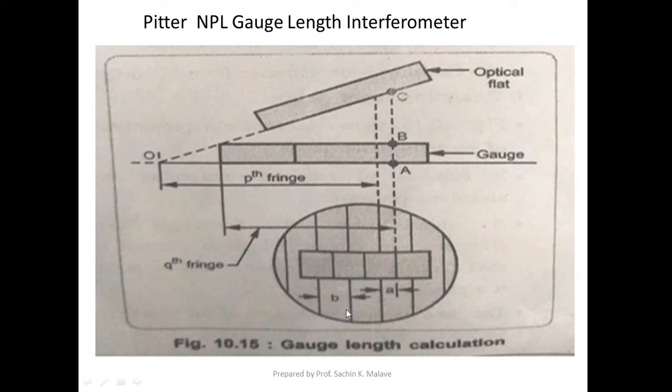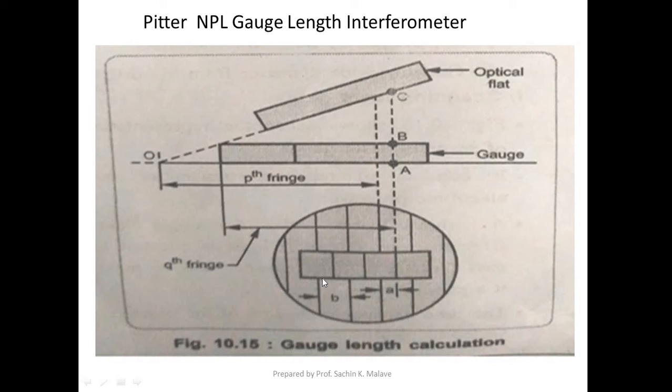In this set, one set of fringes is shown in the circle, that is because of the fringe pattern obtained due to the air gap between the instrument base and the optical flat. Then one more fringe pattern we can see, that is because of the air gap between the top of the gauge and the optical flat, that is shown by this rectangle.